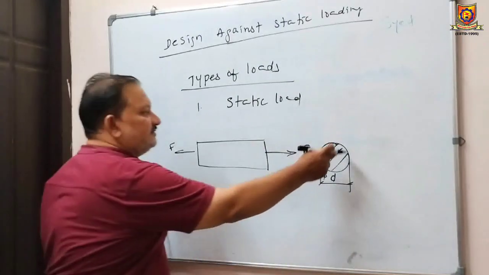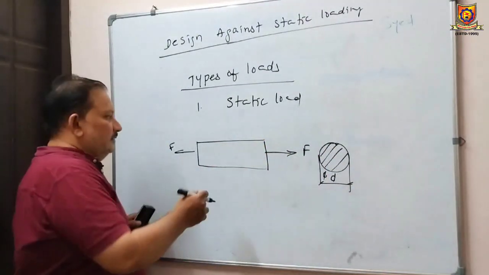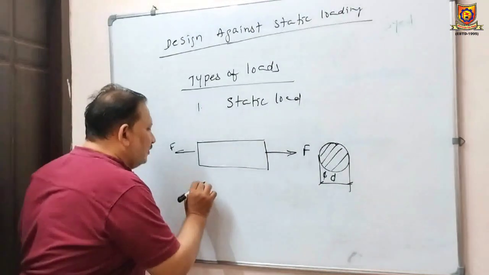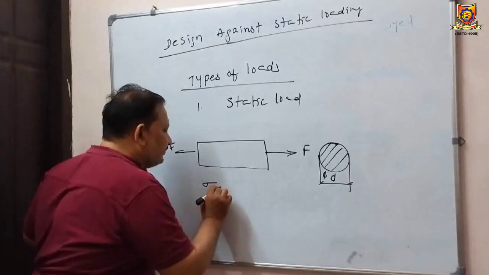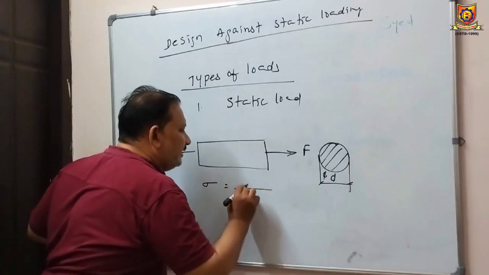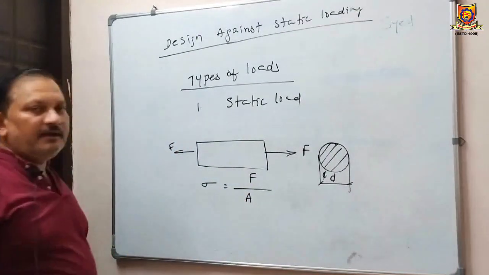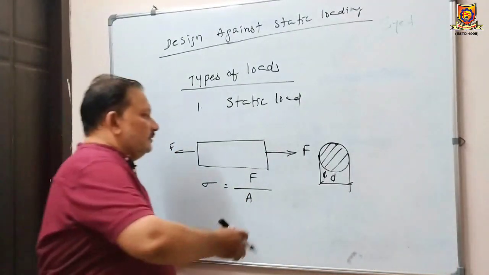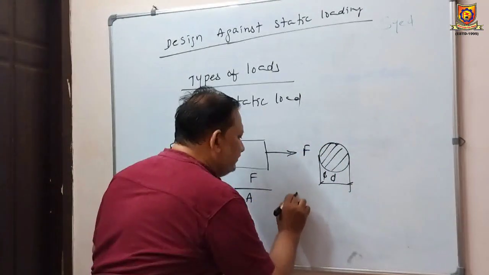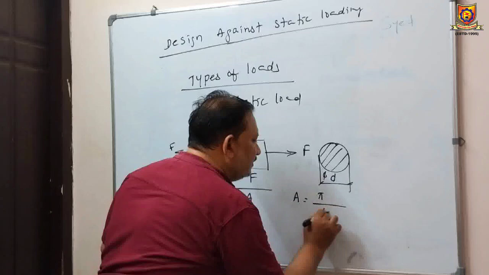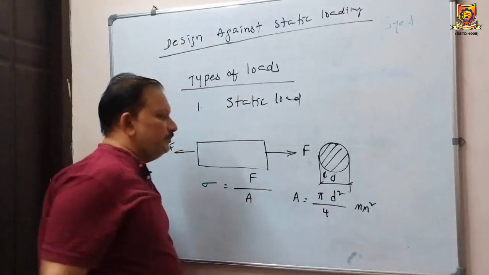So this is the circular area which is resisting the load. This axial load is going to induce direct axial stress sigma, that is given by load divided by area. That area which is resisting the load is a circular section. We can calculate A is equal to pi d square by 4 meter square or millimeter square.